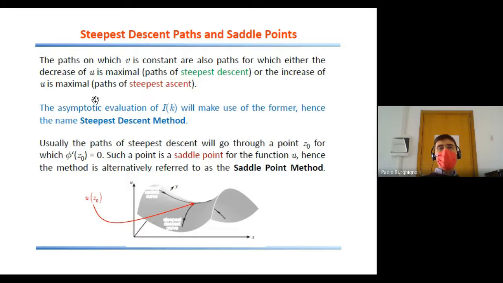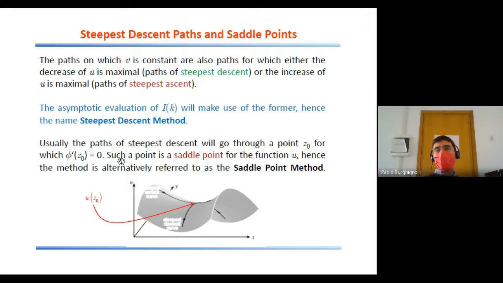And usually those steepest descent paths, although not always, but in many cases, those paths go through some point, let us call it z0, for which the first derivative of the function phi is equal to 0. So where the function phi is stationary.